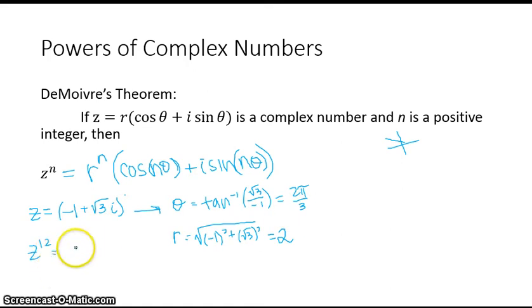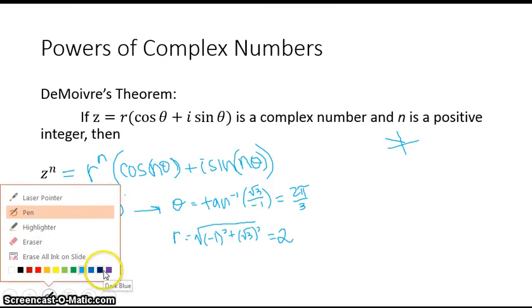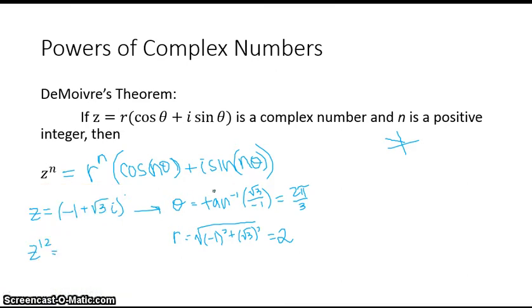So what I'm actually going to do, switching colors just to help this stand out a little bit more, is take 2 times cosine of 2 pi over 3 plus i sine of 2 pi over 3, taking that to the 12th power.